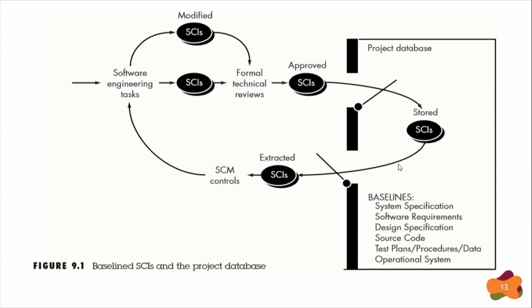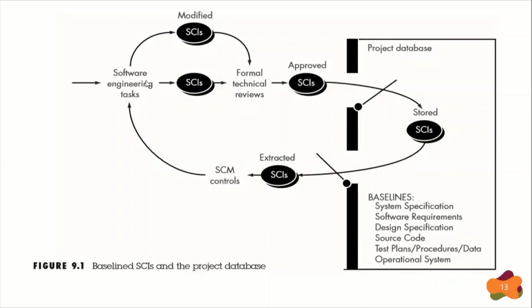The SCIs can be any one of these. It can be a system specification, a project plan, a software requirement specification, or other diagrams in design. It can be your source code, your test plans, and so on.